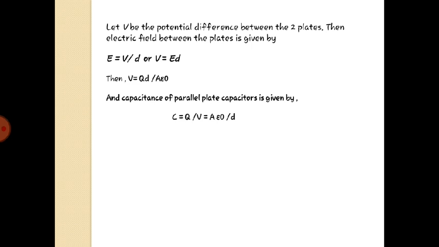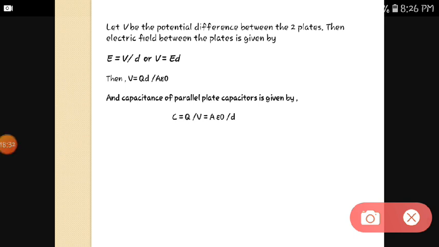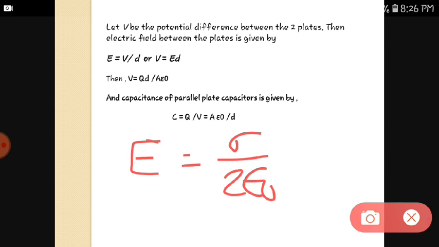Just like for the parallel plate capacitor, we applied the electric field intensity formula from Gauss's theorem, right? When we consider a plate capacitor or a metal plate and its intensity, we used this formula. Am I right?